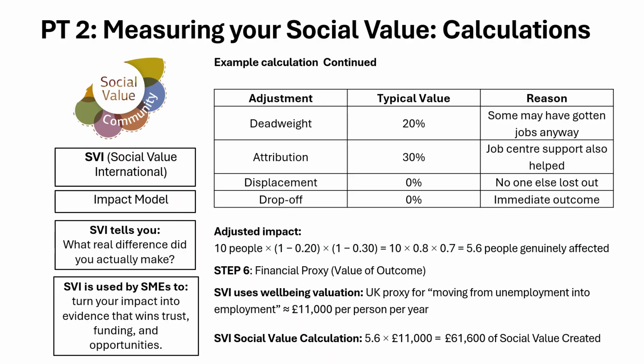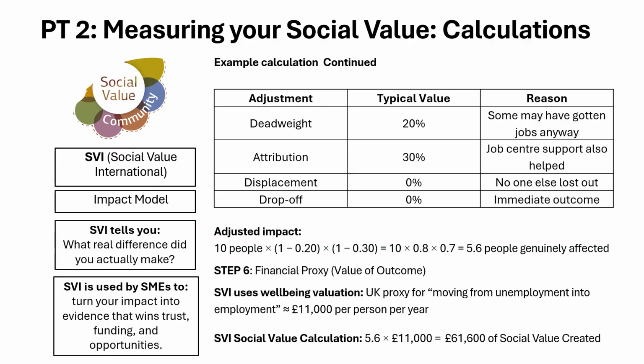And then essentially what you do is multiply that number by the number of people affected, so in this case 5.6. And then you multiply that by that figure. So as an example, let's use 11,000, but it would essentially be whatever figure you decide is that well-being unemployment into employment figure.